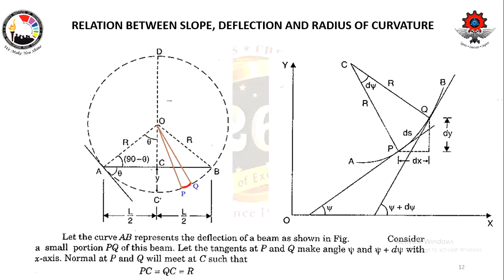It resulted in the relation between slope, deflection and radius of curvature. This relationship between these three parameters gave you this Euler's equation, which is going to be the base for solving problems under this deflection of beam.